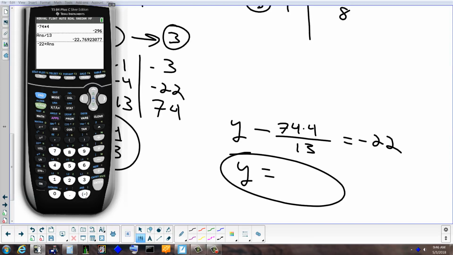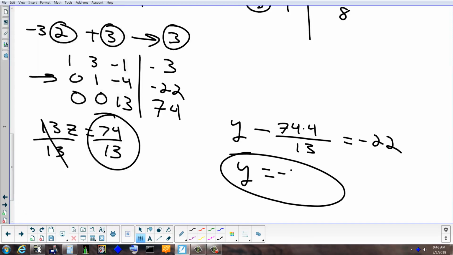And by doing it this way, I'm not doing any rounding, the calculator can actually give me the fraction. Because I don't really want to have to deal with common denominators and all that. So I just did it all in the calculator, press math, fraction, and it's -582 over 13. Pretty awful answer. So we got y.